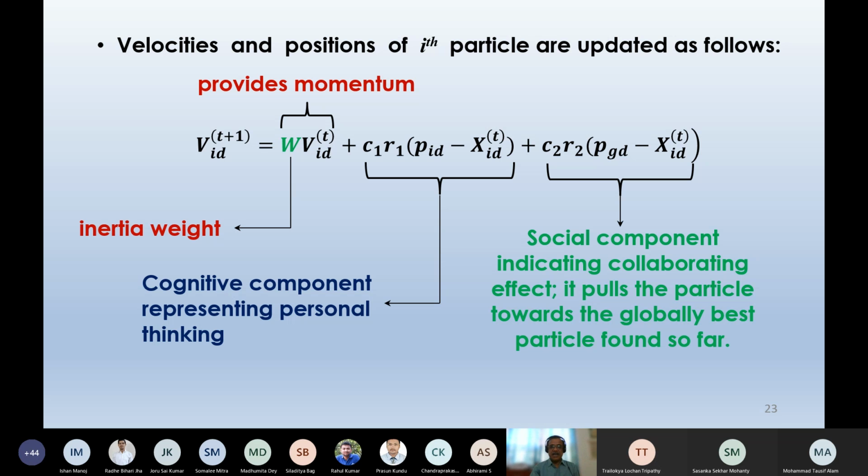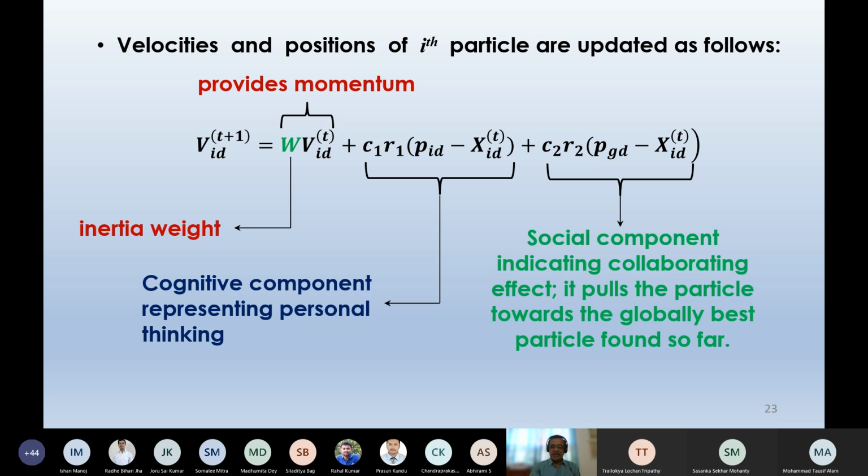There is another thing. Now let me tell you what the components are in the cognitive part: C1 R1 multiplied by (Pid minus Xid at t). C1 is a constant supplied by the user, called the cognitive constant.